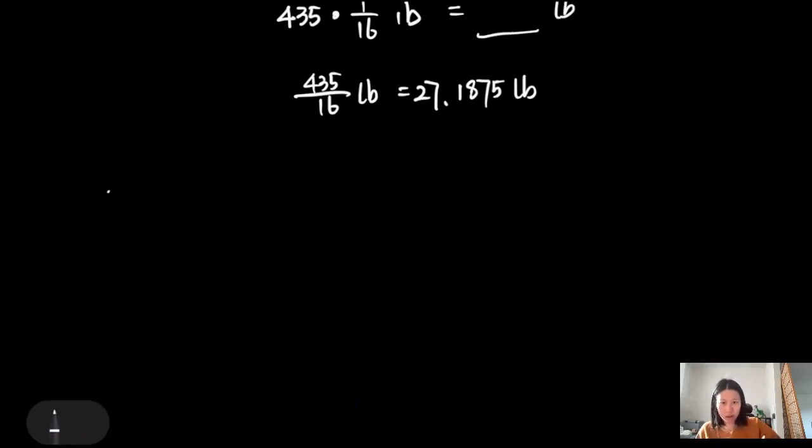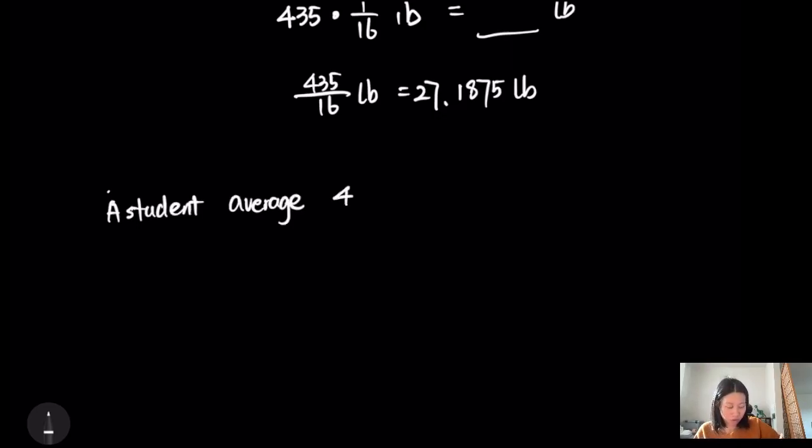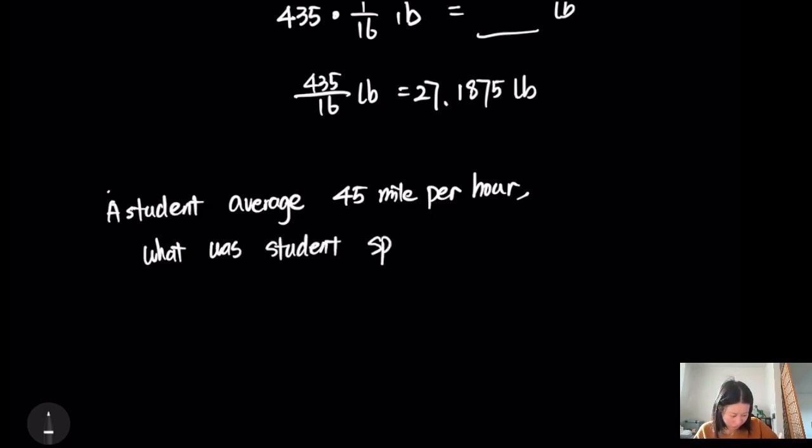So here is another example. Let's say a student averages 45 miles per hour, and now you want to convert that. What was the student's speed in feet per second?